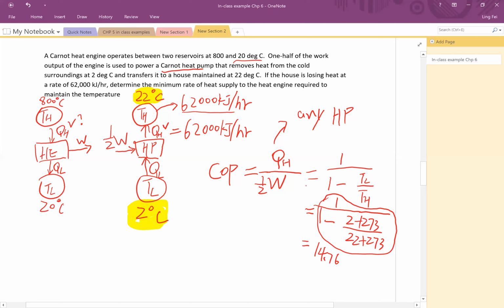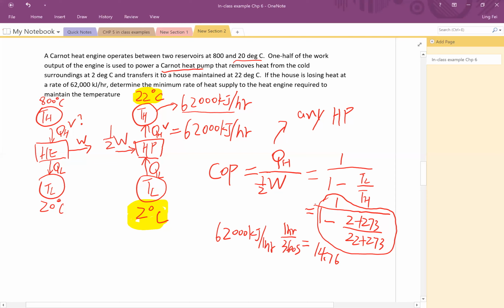Of course you know your QH. You already know your QH, 62 kilojoules per hour. You can convert this to kilowatts because 1 hour equals 3600 seconds.